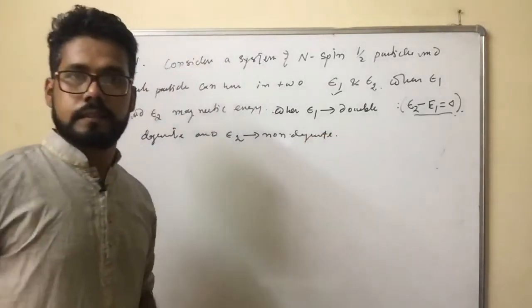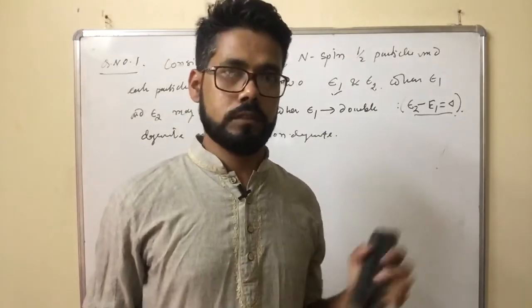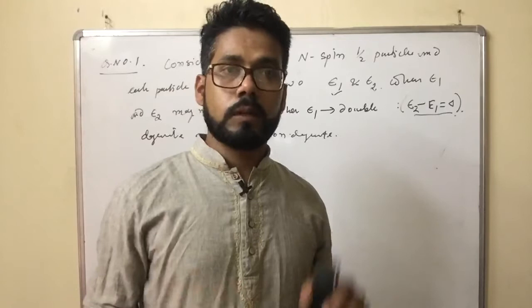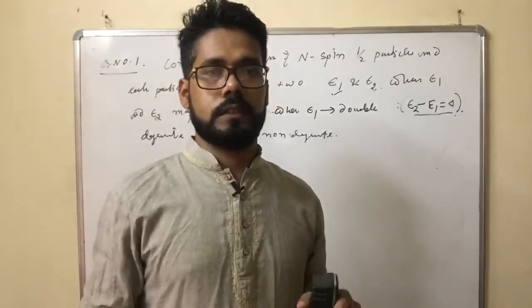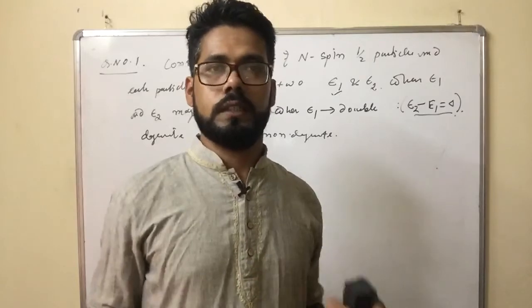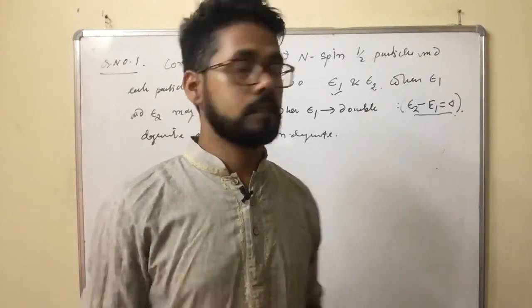That means now the answer will be different. Same question, different answer. That is why we have to understand the basic concept. Once you understand the basic concept, if somebody changes the question, you can easily change your answer according to the question. That is why it is important.